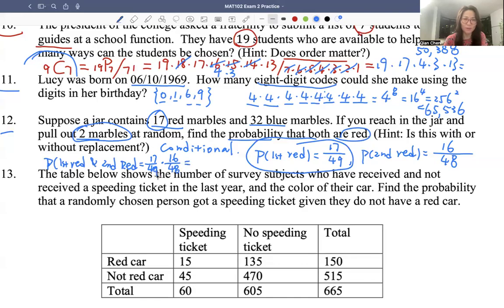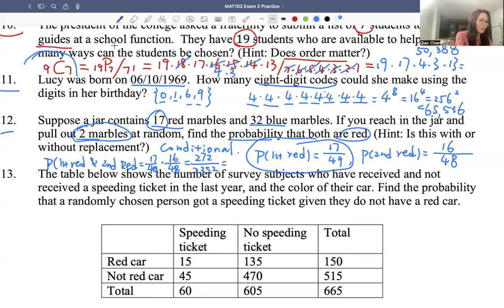So what do we get? So 17 times 16, we get 272. And 49 times 48, we get 2,352. Well, this can be simplified.